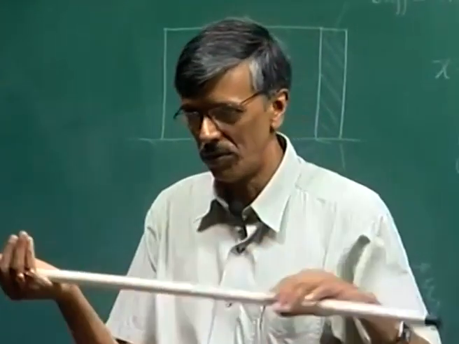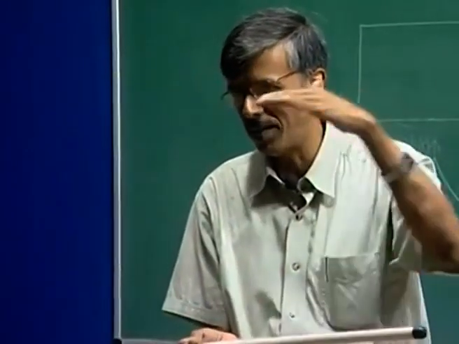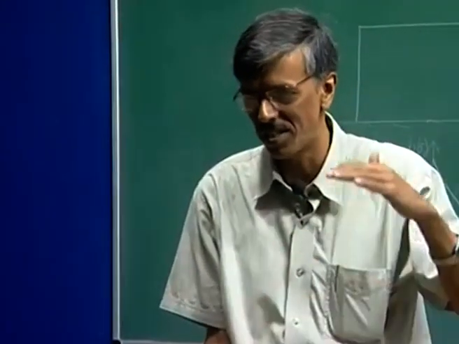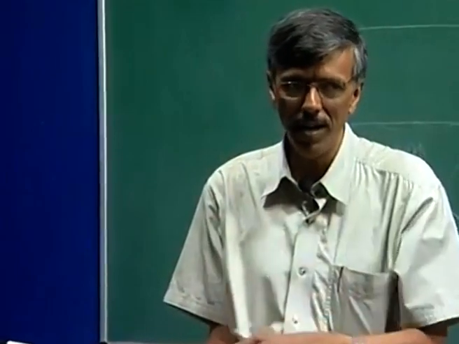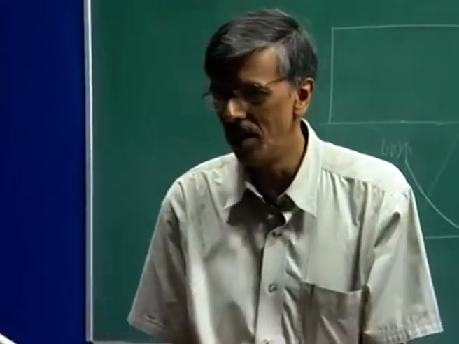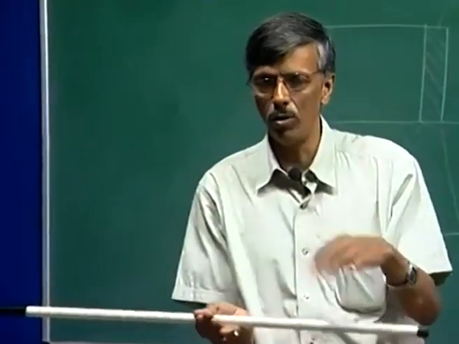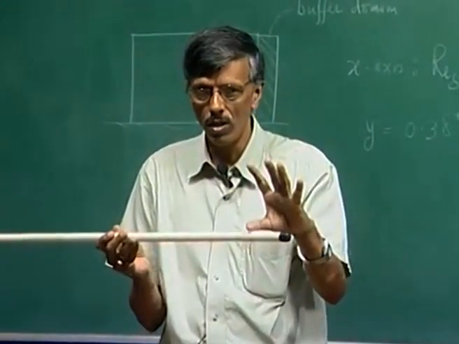The Couette flow, the shear driven flow, that if I have flow between two parallel plates, top plate moving, bottom plate stationary, that flow profile is a linear profile, and you can do the stability analysis and you will see that it is stable.